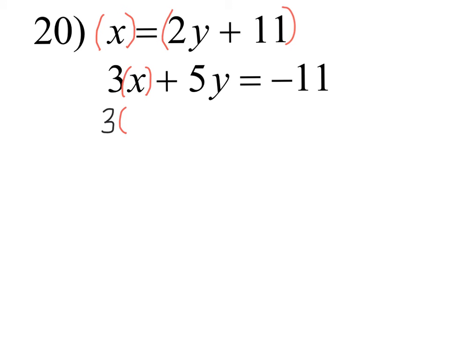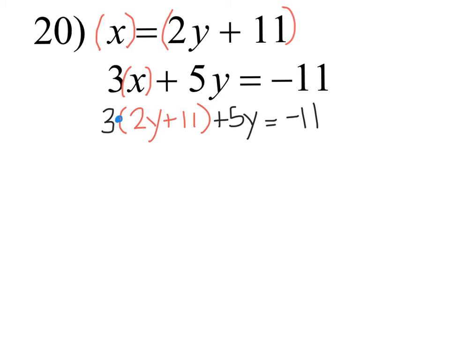Now I'm going to go back up here, replace it with this, 2y plus 11. I still have plus 5y, and that equals negative 11.